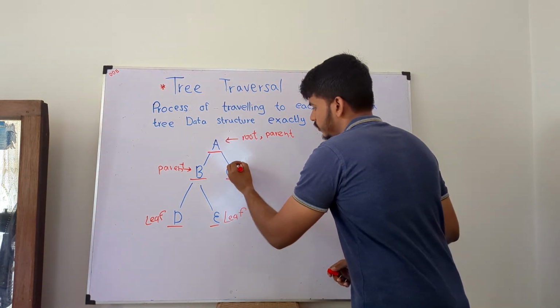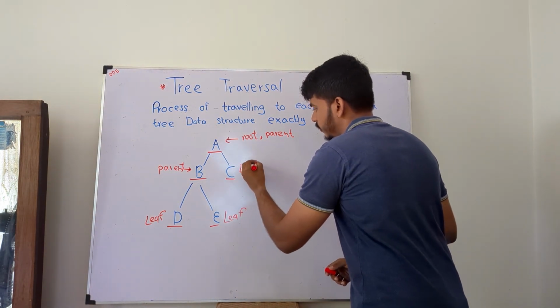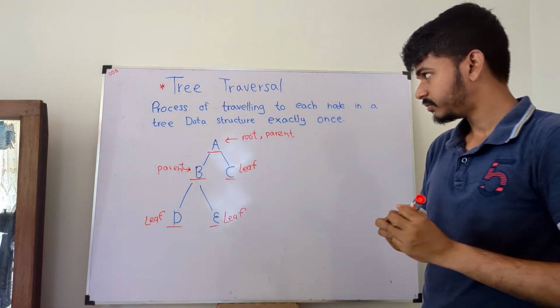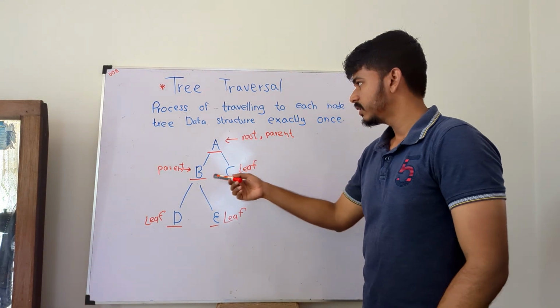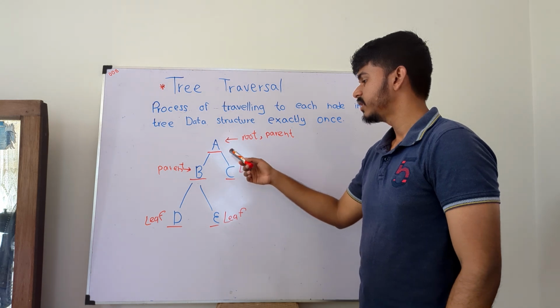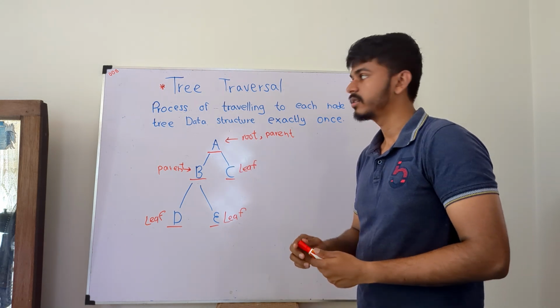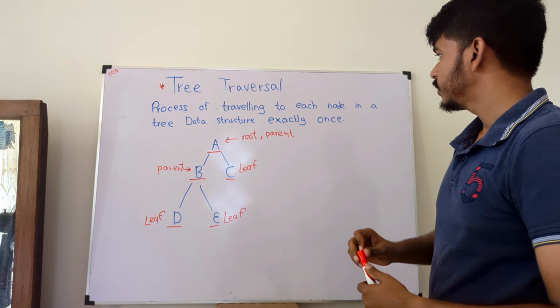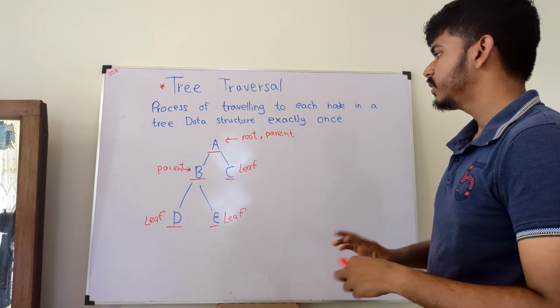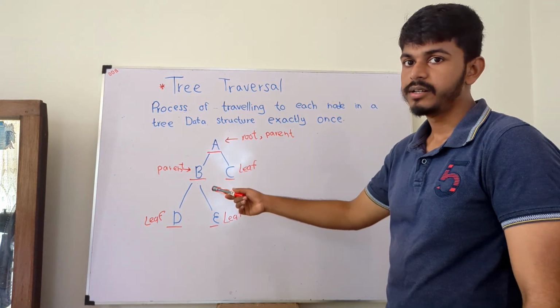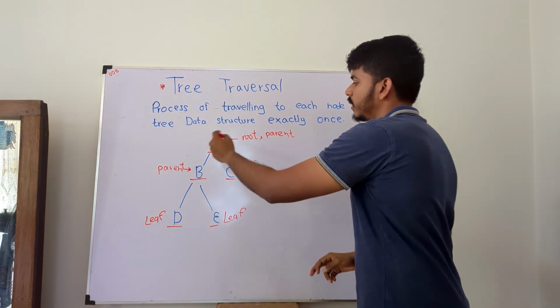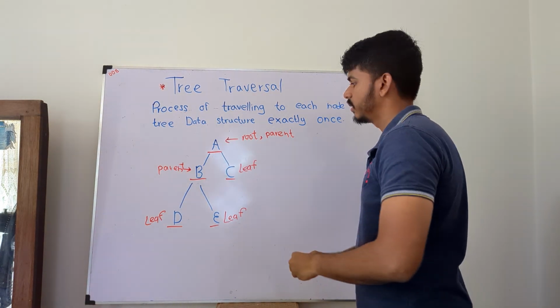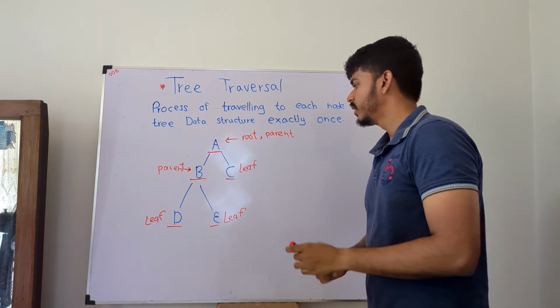So C is also going to be a leaf node. So these are the components that are going to be in the tree data structure. So here this is a binary tree where each node contains up to 2 children, no more than 2 children.